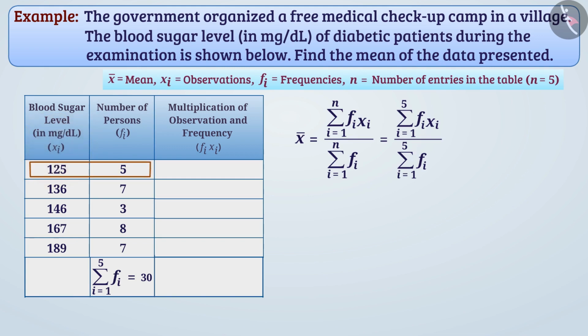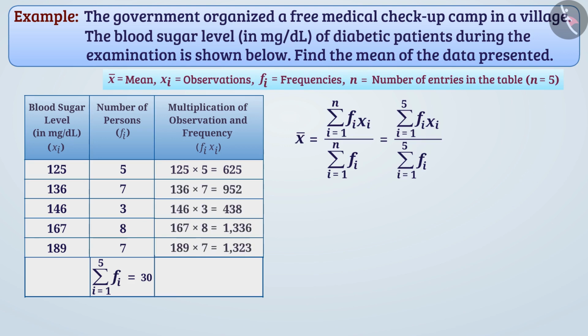For the first observation, f1x1 is equal to 125 multiplied by 5, which is 625. Similarly, we will find fi multiplied by xi for the other observations. We will find the sum of fi xi where i ranges from 1 to 5, which will be 4674. In this way, the mean is equal to 155.8.